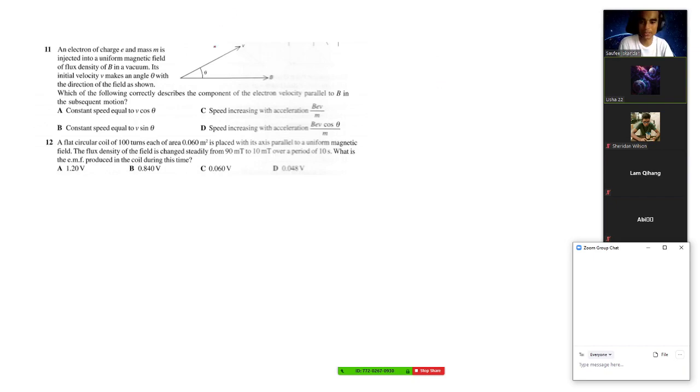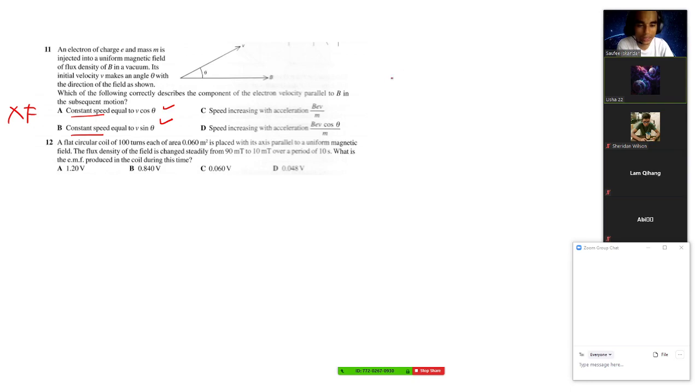So it's either A or B, right? Let's see. It says the electron has a constant speed over here. Constant speed means there will be no force exerted on the charge, right?